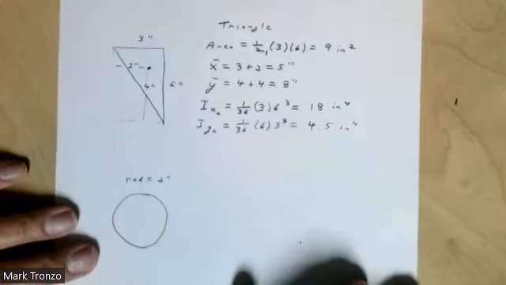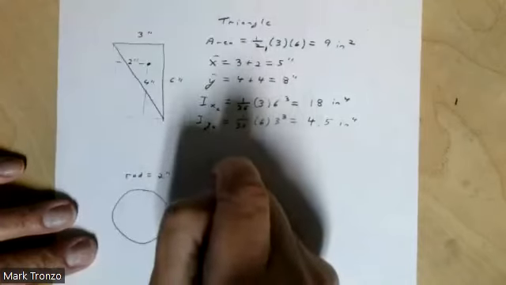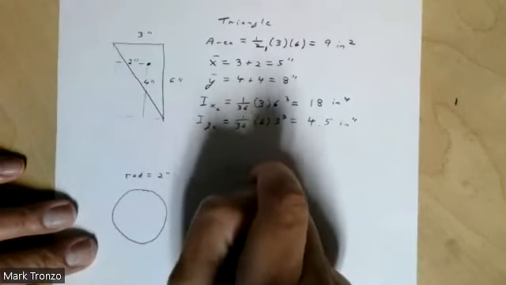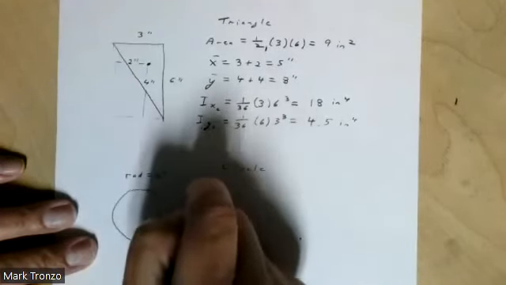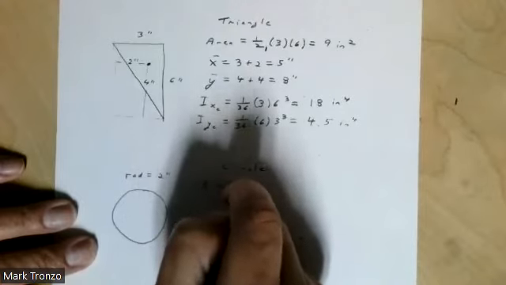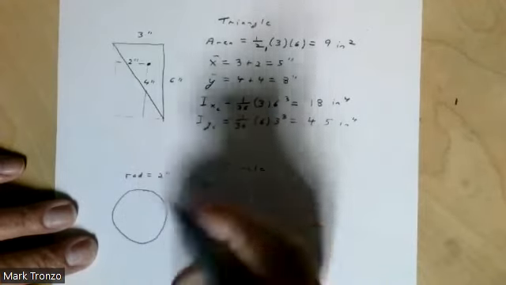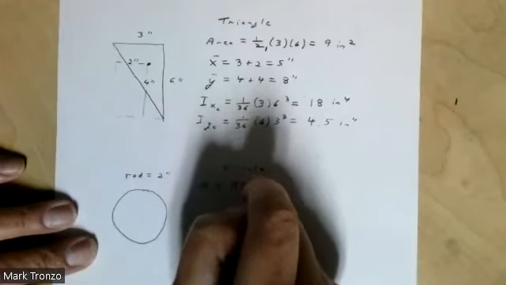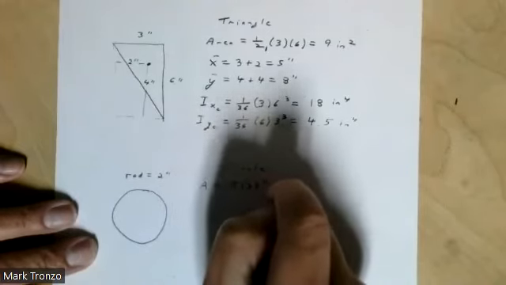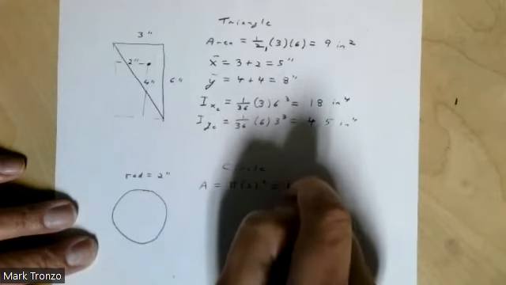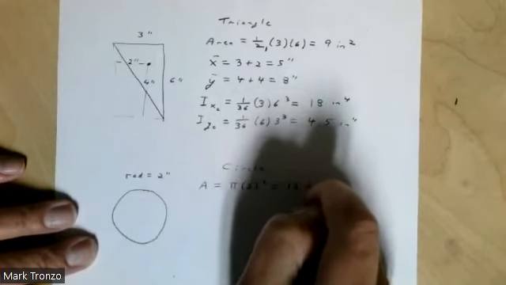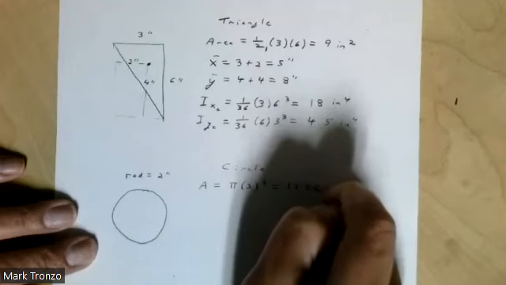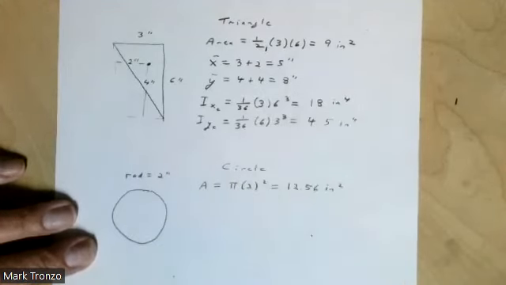Finally, we want the information with a circle. Of course, the area of the circle is just pi r squared, which comes out to about 12.56 inches squared.